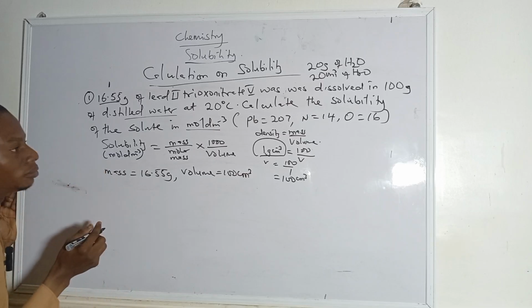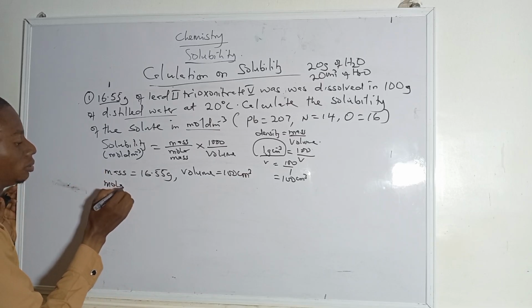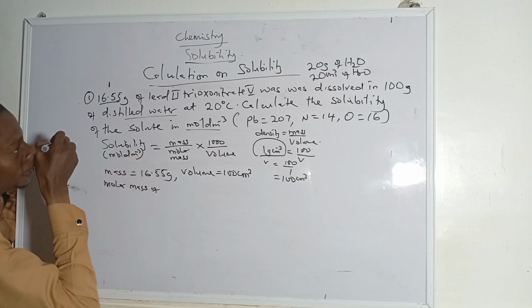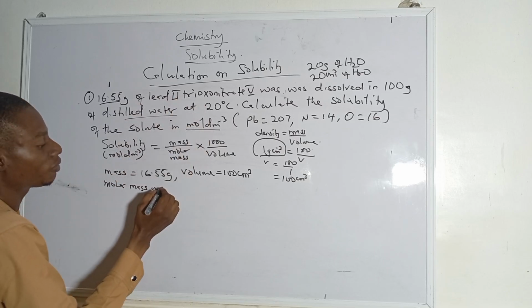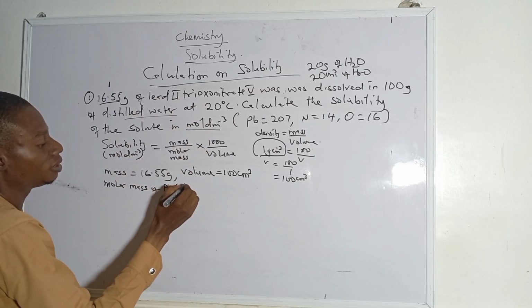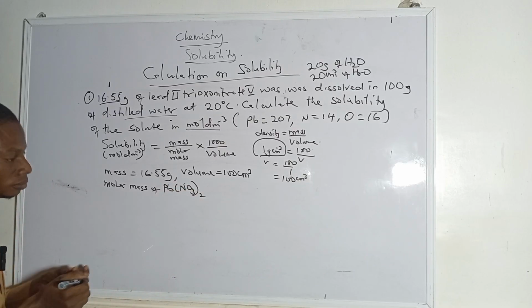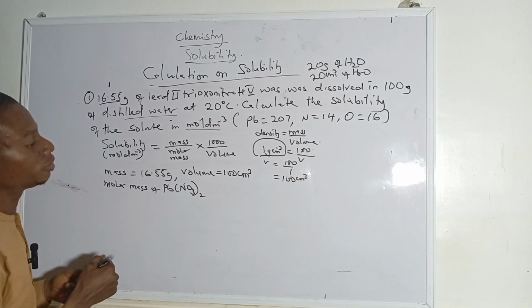So molar mass now. Molar mass of lead 2 nitrate, Pb(NO3)2.